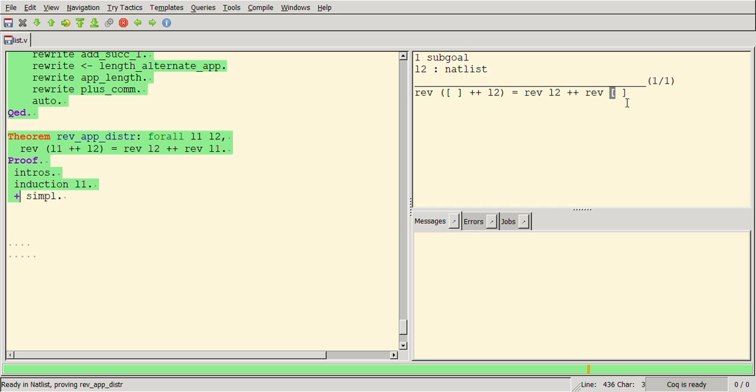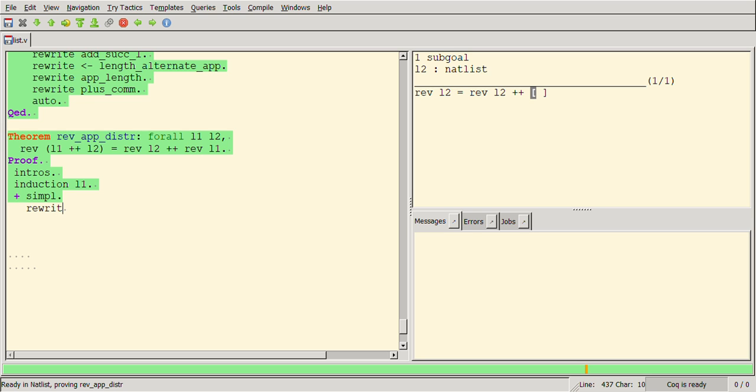But here this reverse is reduced to null because reverse of null is null, but this plus operator is not reduced because the right argument is null. So this is not reduced, but we have a lemma, append null right, where we have proved that if the right list is null, then it can also be reduced to the other list.